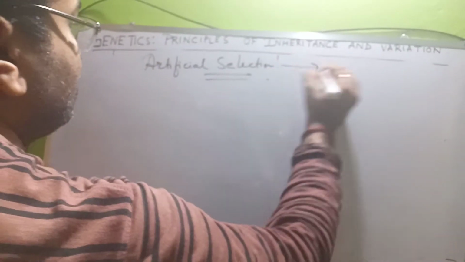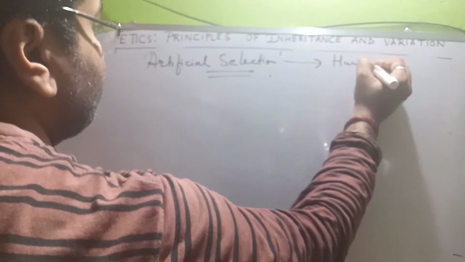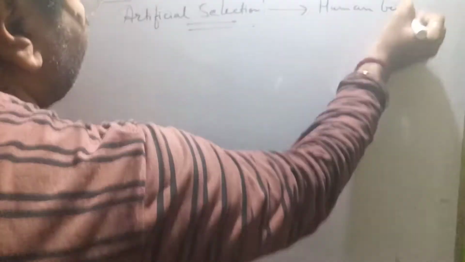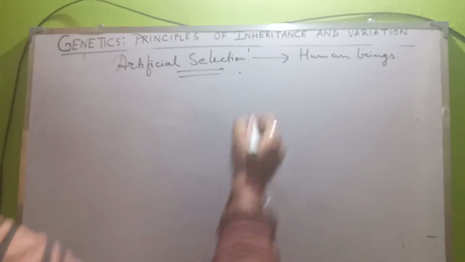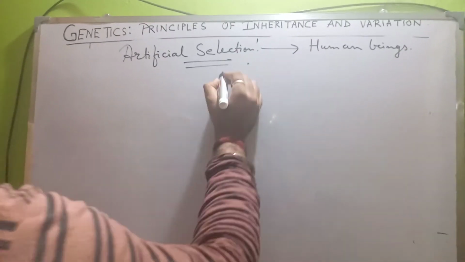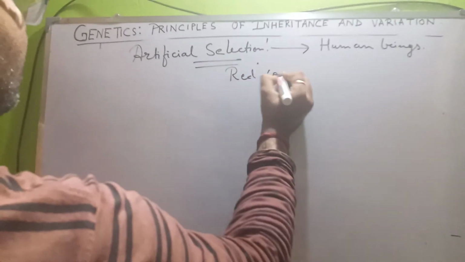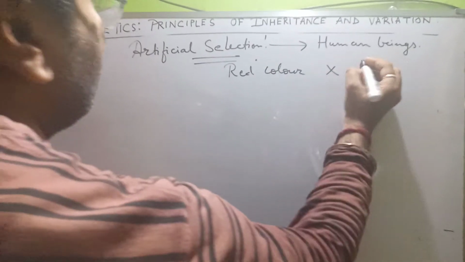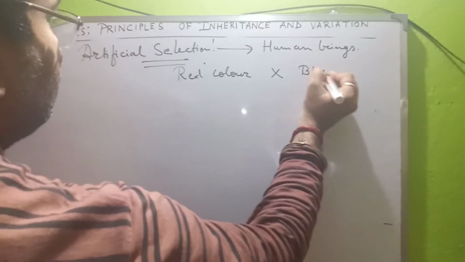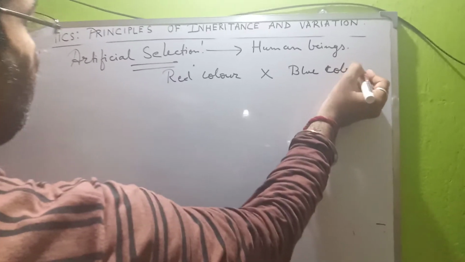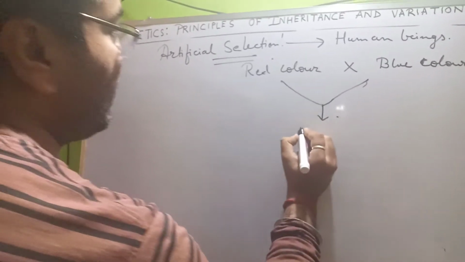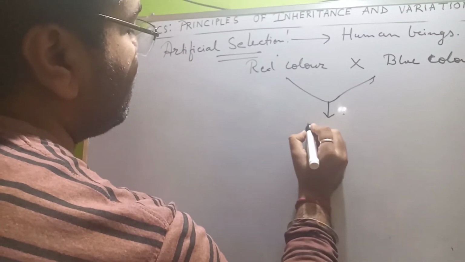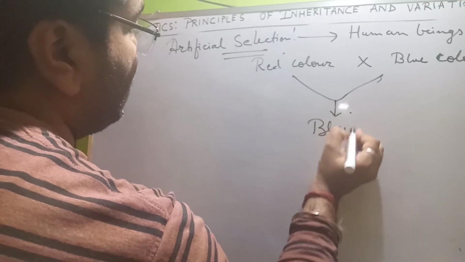Artificial selection is done by human beings. The biggest example I can give you is that we have selected two plants, one a red flowered plant and the other a blue flowered plant, and I want to produce a different type of flowering plant. Maybe I want to get a bluish red flower.